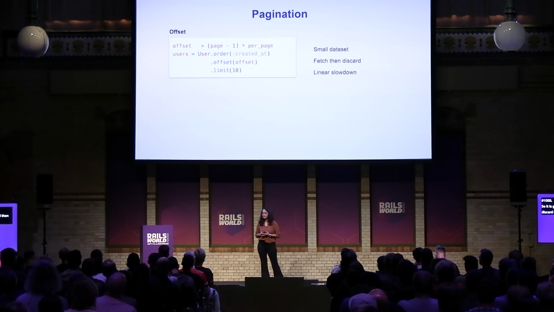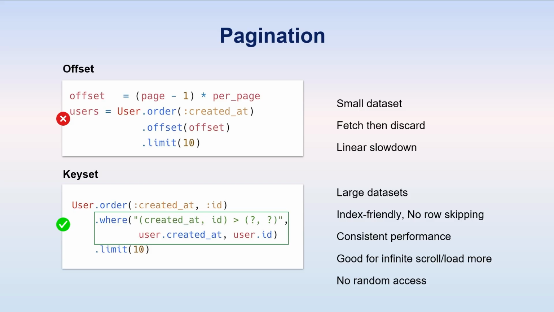for large databases. So instead, you can use keyset pagination. Keyset pagination fetches only the data that is required, so you don't need to fetch and discard.